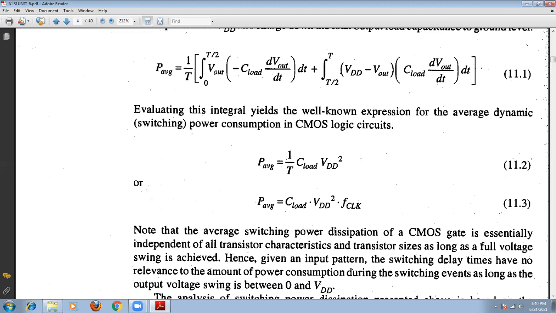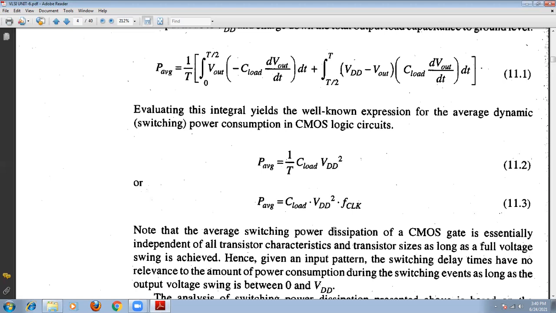In order to consider this, we are going to introduce another term called alpha T, the node transition factor, which is the effective number of power-consuming voltage transitions expressed per clock cycle.